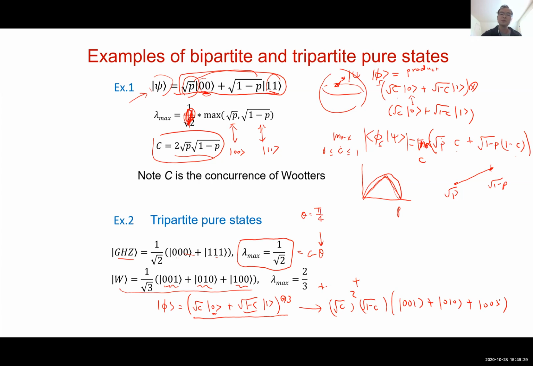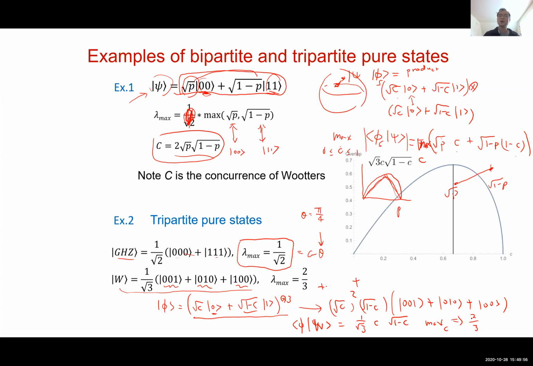So the overlap of the W state with this product state is basically 1 over square root 3 times c times square root of 1 minus c. Then you maximize, and you see that this is 2/3.